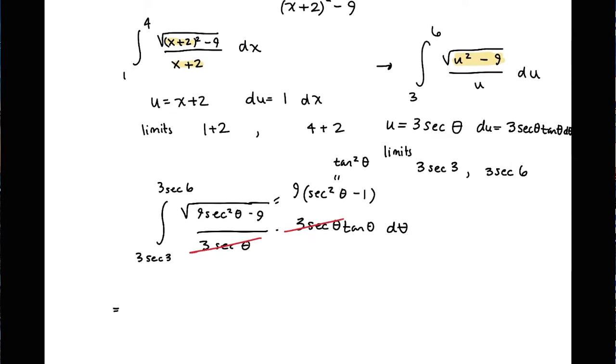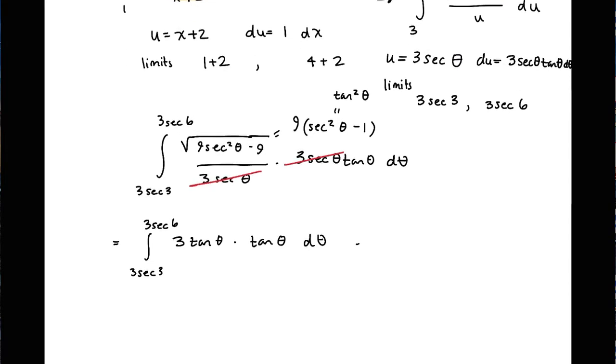So this becomes 3 tangent theta times that leftover tangent theta d theta. And I'm left with tangent squared theta d theta.